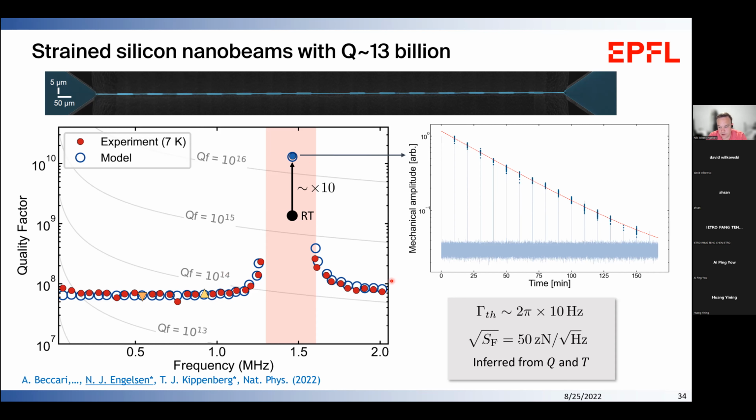So to give the figures of merit from this, you can have a thermal decoherence rate or heating rate of 10 Hertz and a force sensitivity of 50 zeptonewton per root Hertz. For a mechanical resonator that is actually anchored to a substrate, this number is well in excess of anything that has been measured before at these temperatures.